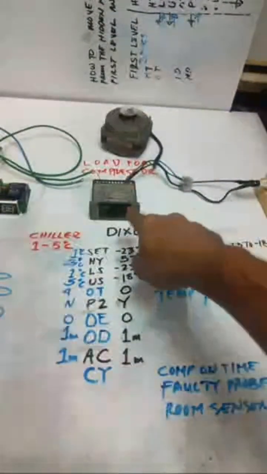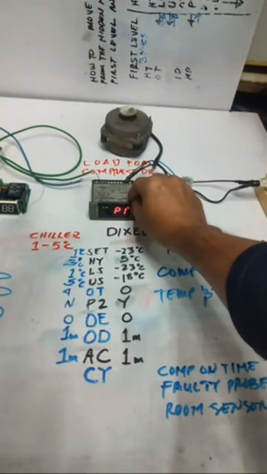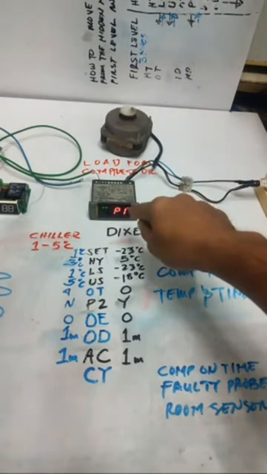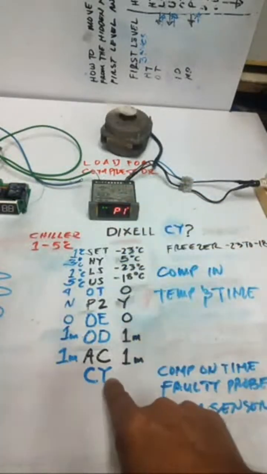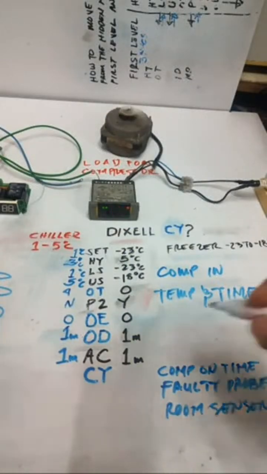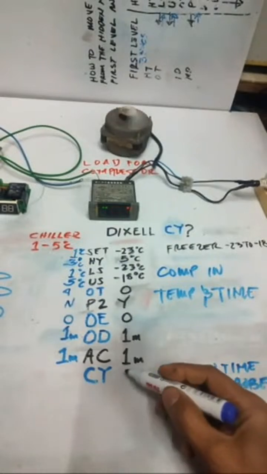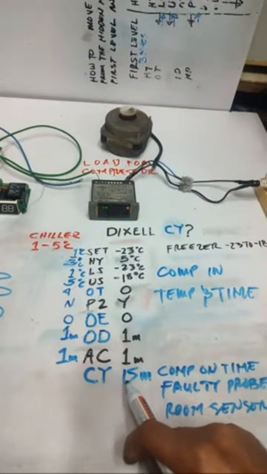The problem we encounter here, guys, is frost accumulation in the evaporator if you don't know how to deal with this CY parameter. And take note, the manufacturer set 15 minutes as the default.